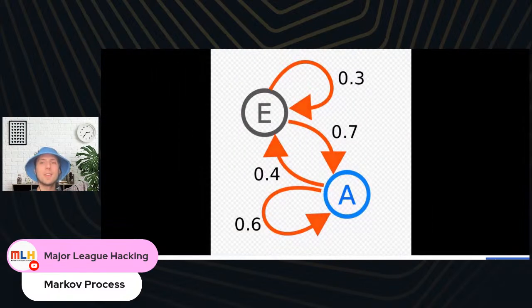Imagine that you are in state A. There is a 60% chance that you will stay in state A, but there's also a 40% chance that you will move into state E. Also, in this diagram, if you're currently in state E, then there's a 30% chance that you will remain in state E, but a 70% chance that you will transition into state A. This really forms the backbone of what we call a Markov process.